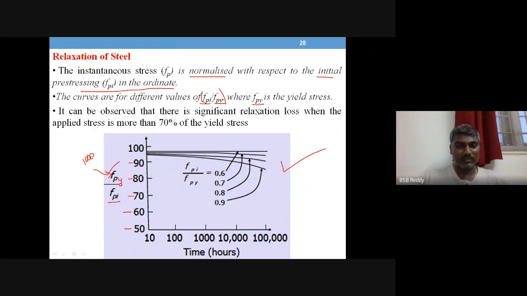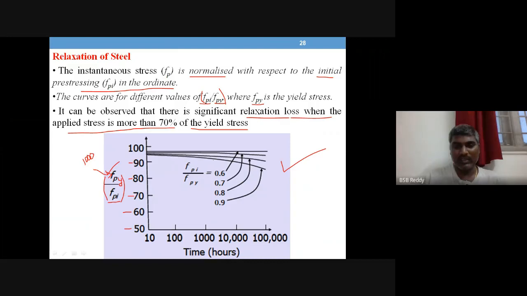This is the way that you are applying the pre-stress value. There is significant relaxation loss when applied stress is more than 70% of the yield stress.